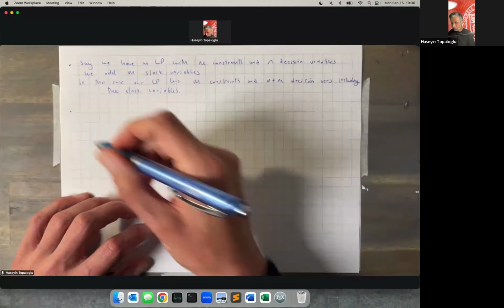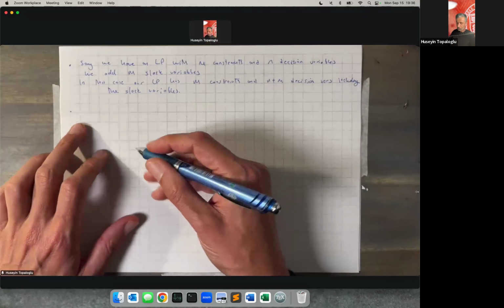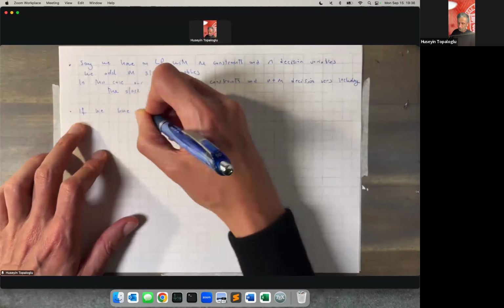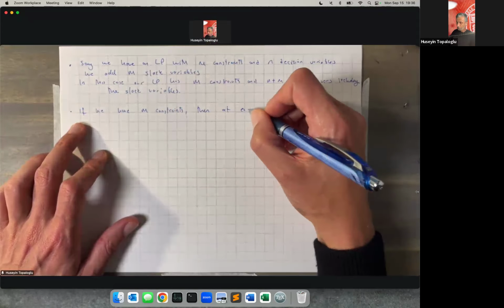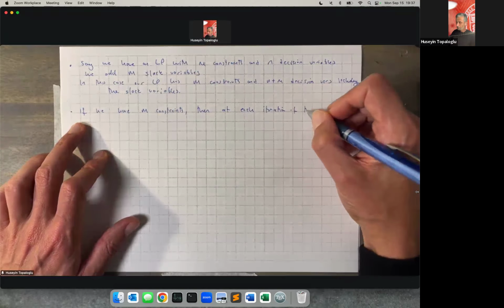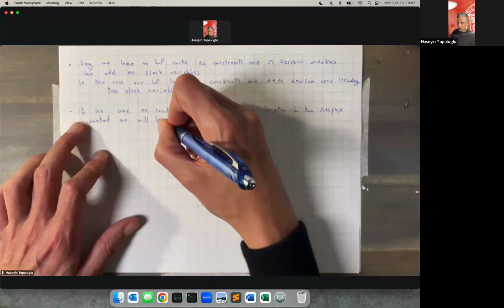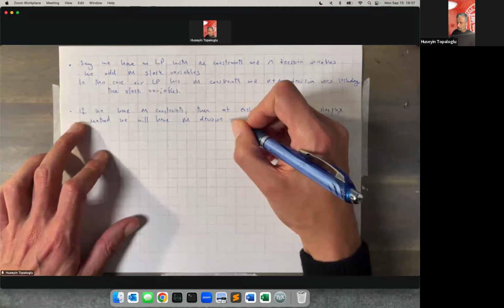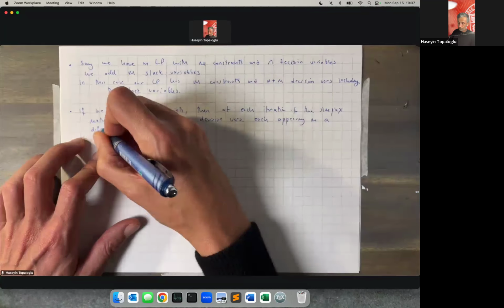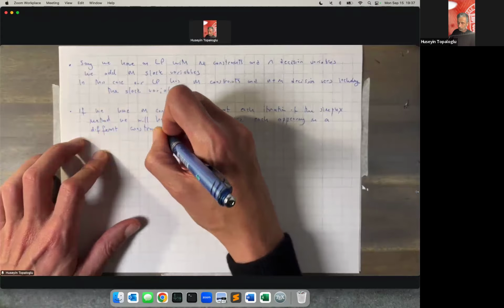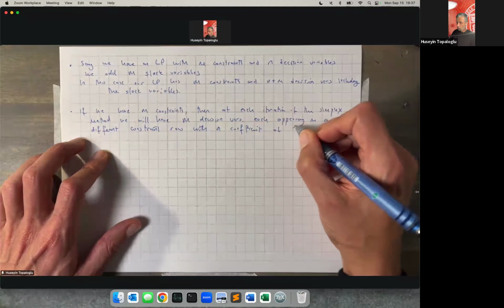So at each iteration of the simplex method, we will have m decision variables, each appearing in a different constraint row with a coefficient of 1.